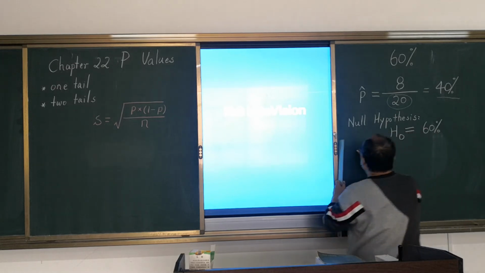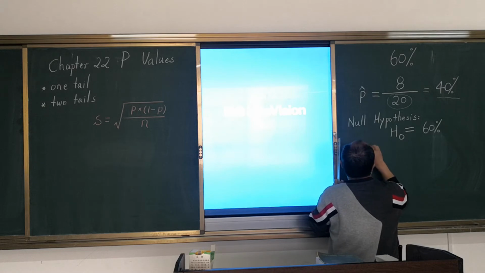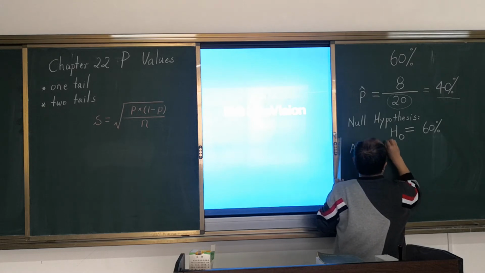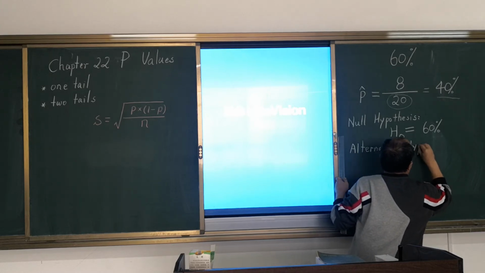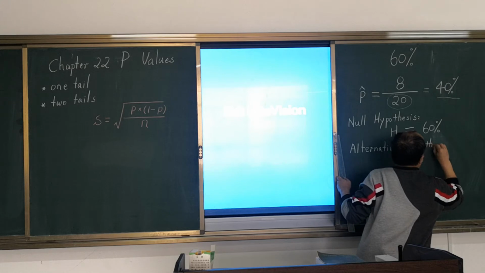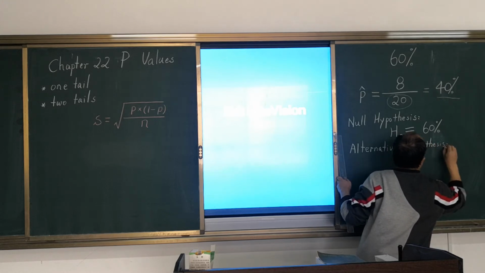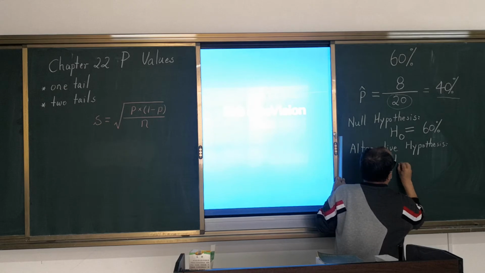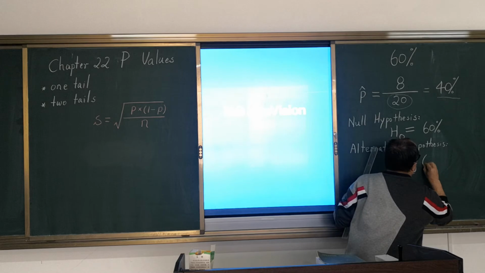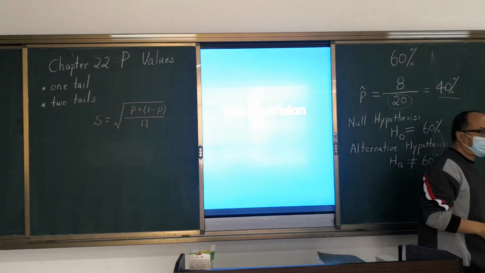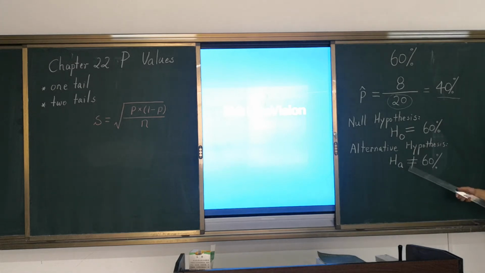Then the alternative hypothesis, this HA means alternative, is not 60%. He could be too humble.